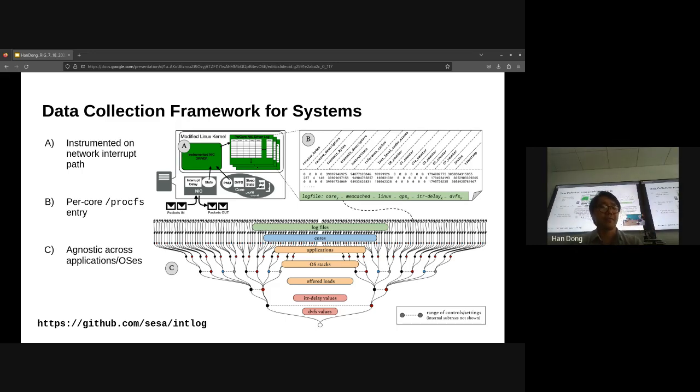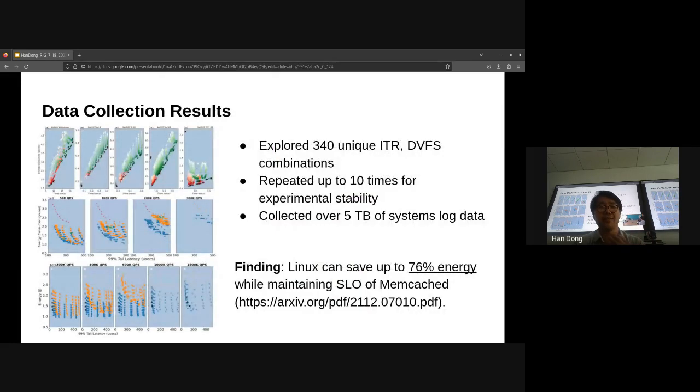Given this collection framework, we conducted a big performance and energy study. I'm not going to go into detail of what we found, but if you're interested, we have an arXiv paper on it. We did about 340 unique combinations and collected a bunch of systems data as well.